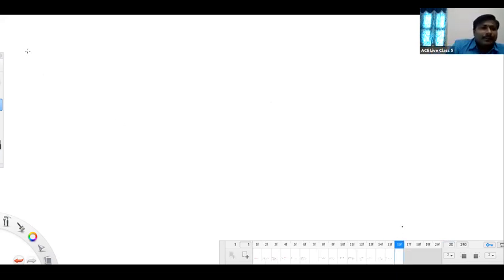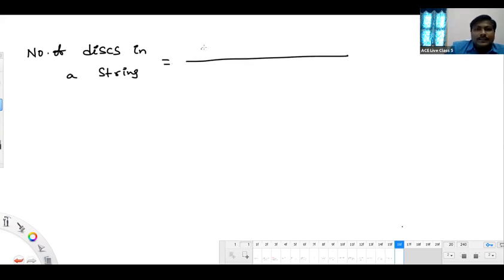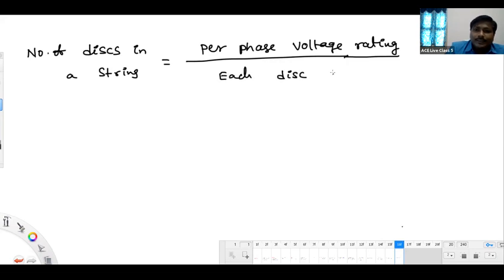Let's say the number of discs to be used in the string. The number of discs in a string will be equal to the per phase voltage rating of the system divided by each disc's voltage rating, which is generally 11 kV.